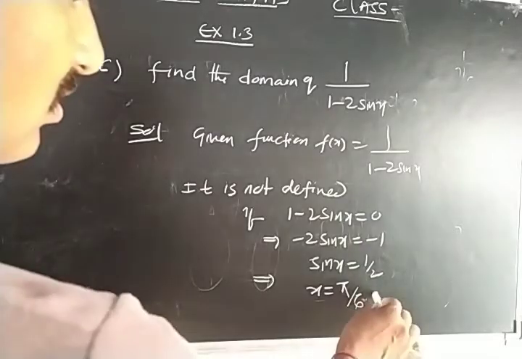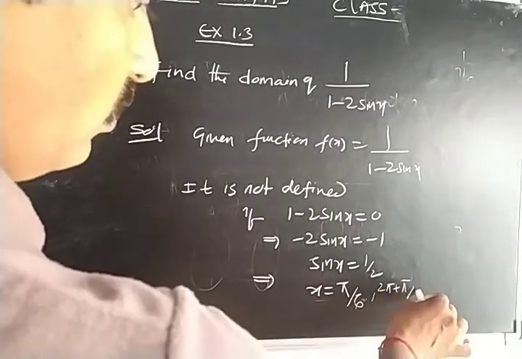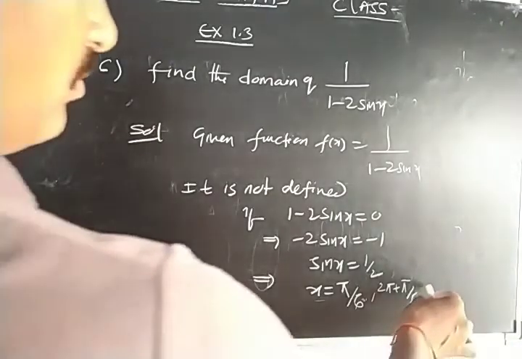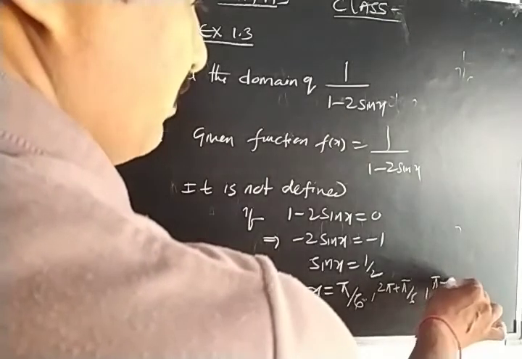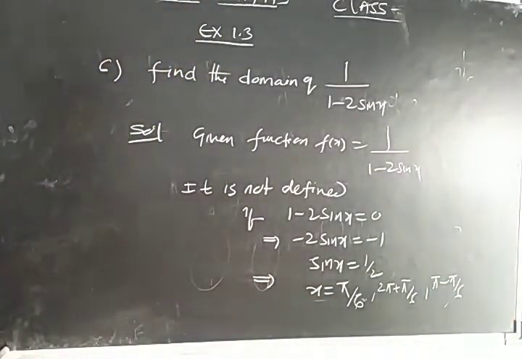Pi by 6 and also the angle in the second quadrant gives 1 by 2. Adding 2 pi means 360 plus theta, first quadrant again, sin pi by 6 is 1 by 2. And 180 minus pi by 6, pi minus pi by 6, which lies in the second quadrant where sin is positive.